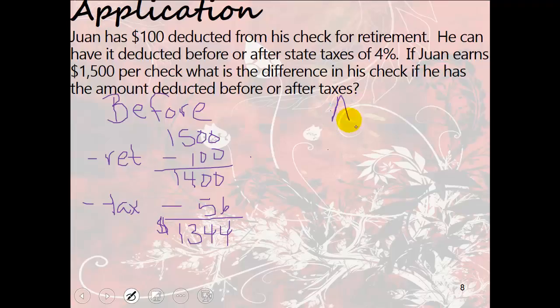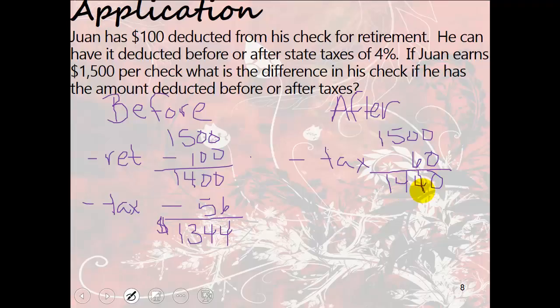What if he deducts it after he pays his taxes? Okay? So we're going to start with the same $1,500. Now he's going to pay his 4% tax. So minus the tax. 4% of $1,500 is $60. And so that gives us $1,440. And then we're going to deduct his retirement, which is $100.